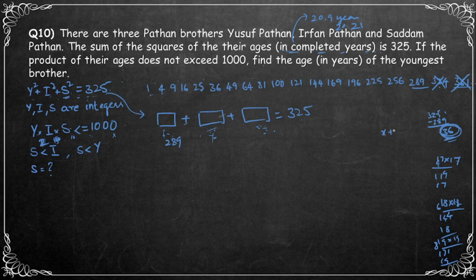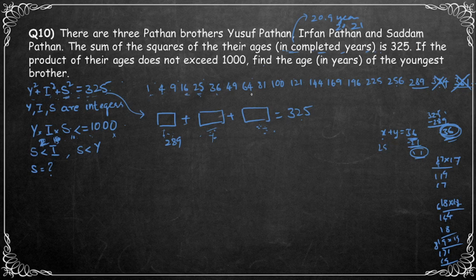So we need to find two numbers such that their sum is 36. If I take 256 here, it is not correct, so I should go lower. If I take 36, the other number will be 0. So we go to the left. If I take 25 here, the other number should be 11, so that is not a possibility.